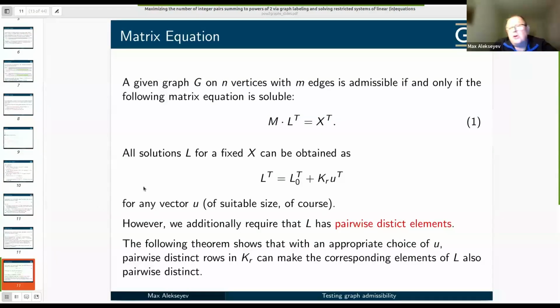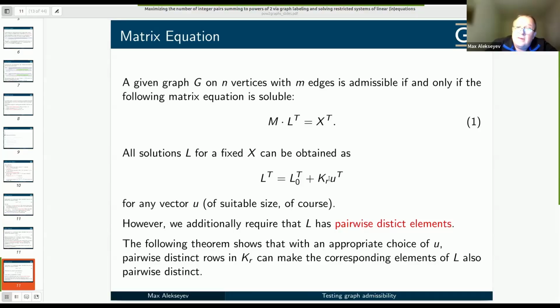Now, all solutions L for a fixed X can be obtained by this formula as we discussed before, by taking linear combinations of columns of the right kernel. And recall that what we want from L, the restriction on elements of L, is that they must be pairwise distinct.